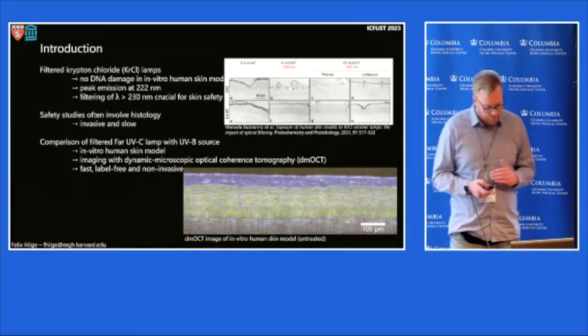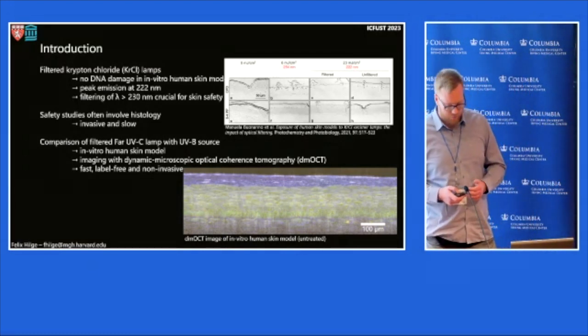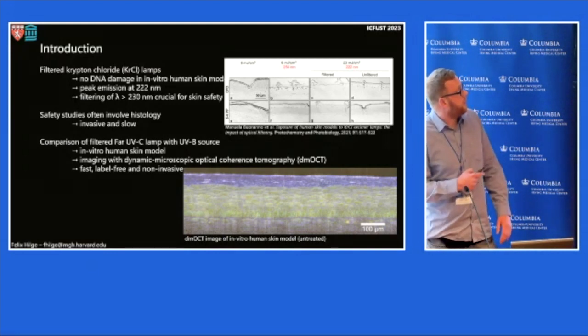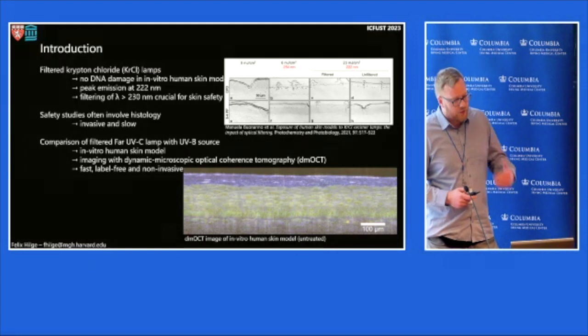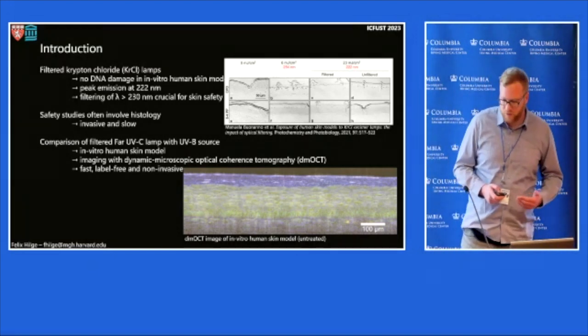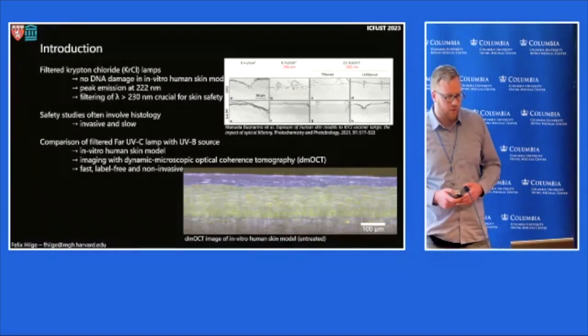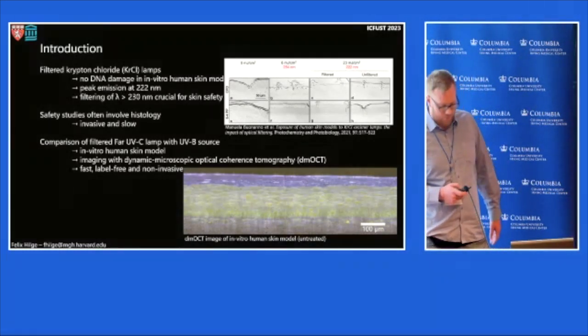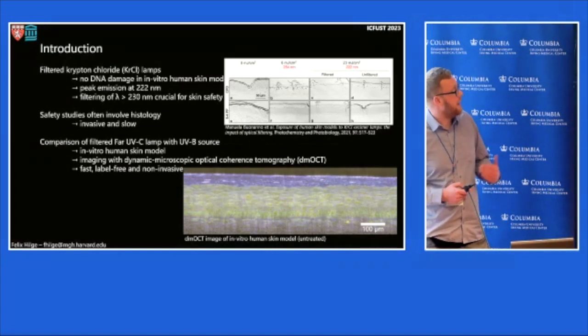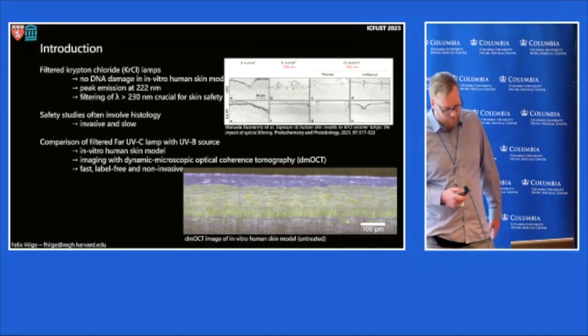And so in this talk, I'd like to show you our findings on the comparison of a Far-UVC lamp with the UVB source. And for imaging, we were using a technique called dynamic-microscopic optical coherence tomography, which was used on an in vitro skin model. And the advantage of that technique is that it's comparably fast, label-free, and non-invasive.